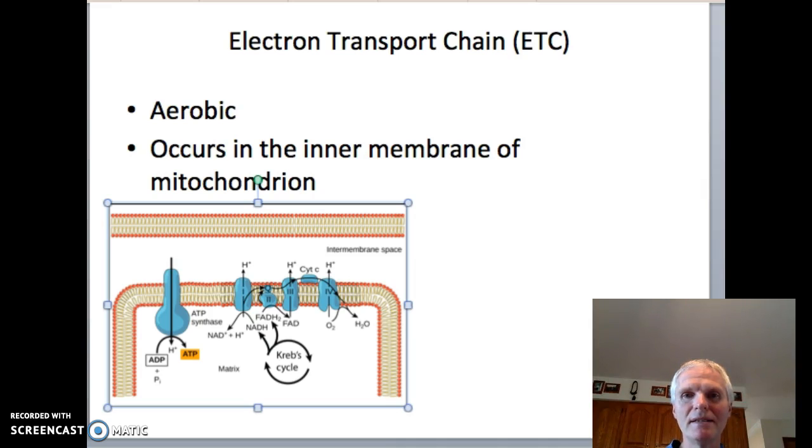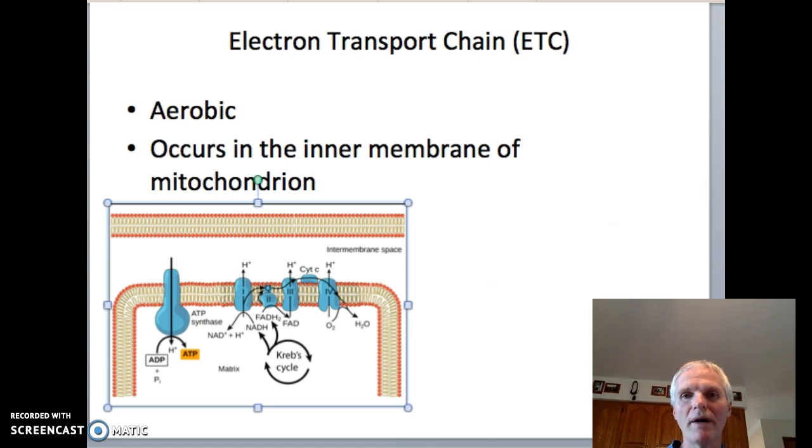And what the ETC does is it takes the FADH2s and NADHs made in the Krebs cycle and converts them into ATPs using the hydrogen pumps and the ATP synthase, as we learned in photosynthesis.